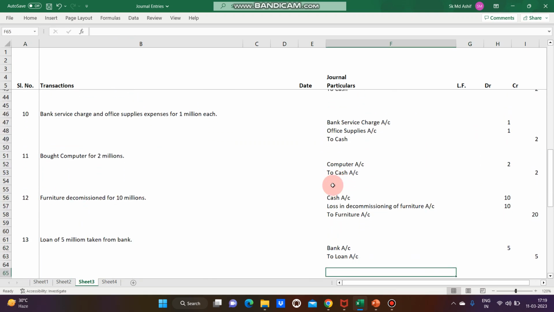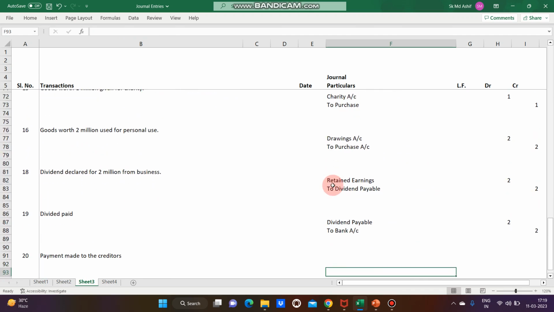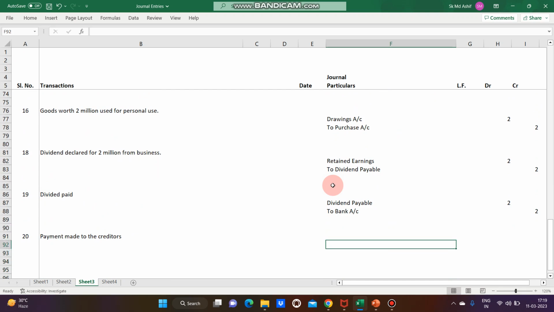Let's go to the transaction and record it, pay of the creditors. So your creditors being a liability account and there is a decrease in it, so it will be debited. And you are paying from a bank, so if there is a decrease in your bank, it will be credited.